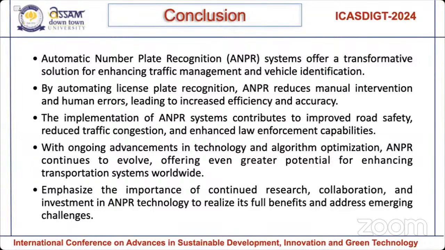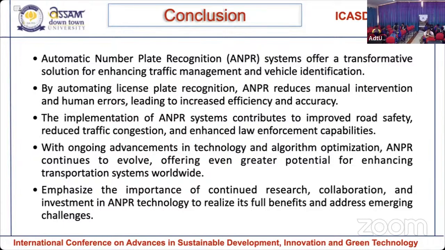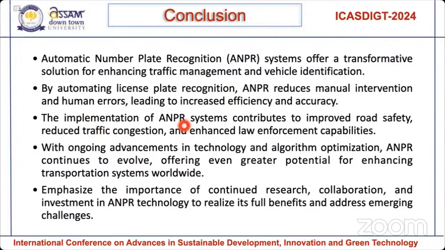Automatic number plate recognition will help us enhance traffic management as well as vehicle identification for authorities, as it will also free up manpower, help reduce human errors and manual intervention, and increase efficiency as well as accuracy. The implementation of the automatic number plate recognition system contributes to improved road safety, reduced traffic congestion, and enhanced law enforcement capabilities.